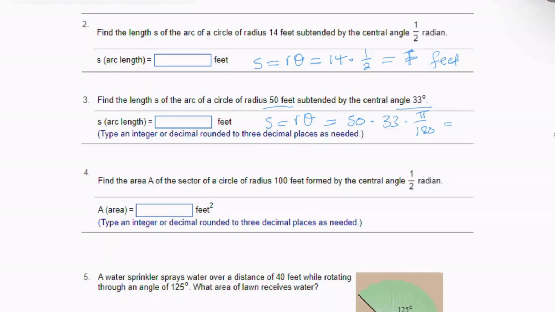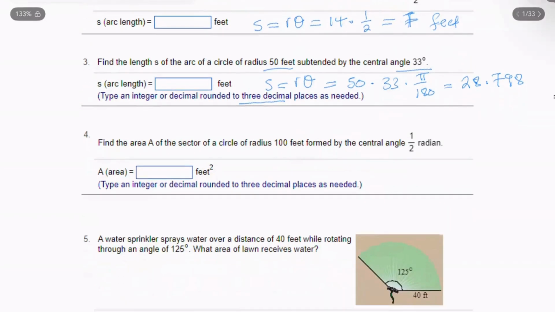When you put this on your calculator, you should get something like 228.798. Why 798? Because the instruction says 3 decimal places.